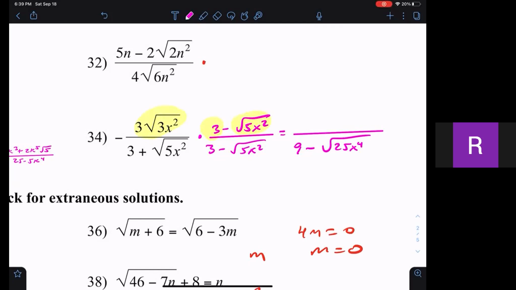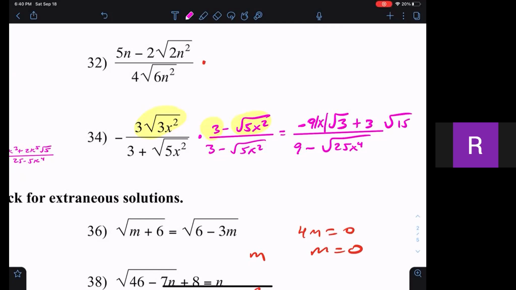So that's going to be negative 9, root 3x squared. So that means that the 3 stays inside. X squared is going to come out as odd from the even index. So I have to put the absolute value this time. So that's going to be plus, negative makes a positive, 3 root 15x to the 4, right? So that means the 15 stays inside.